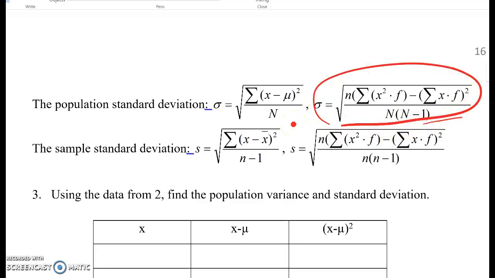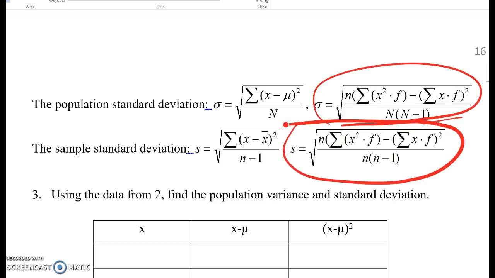And the sample standard deviation applies the same method: s equals the square root of n times sigma x squared times f minus sigma x times f squared, over n times n minus 1.